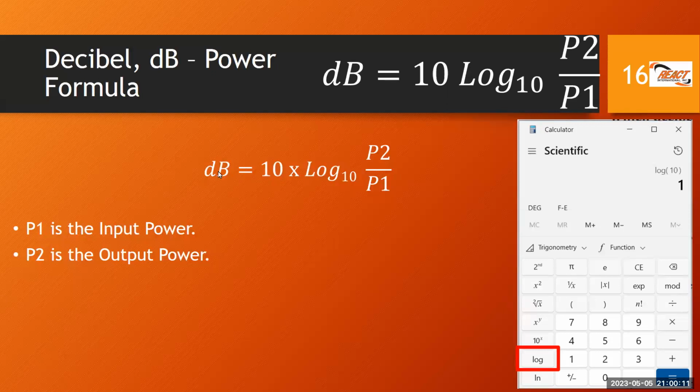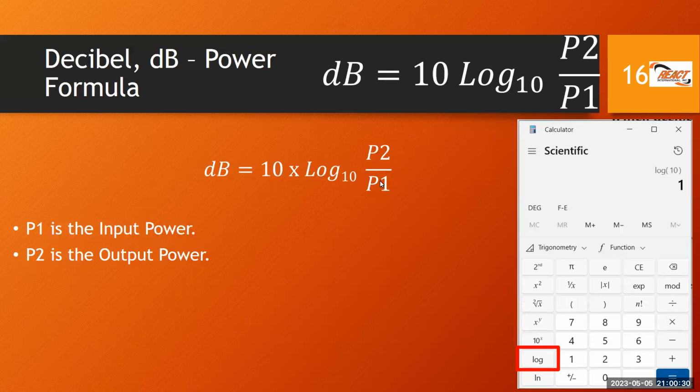So to calculate decibel, you multiply 10 by the log of the two powers, right? So remember, P1 is the input power, P2 is the output power. So P2 is put on the numerator and P1 is put on the denominator.